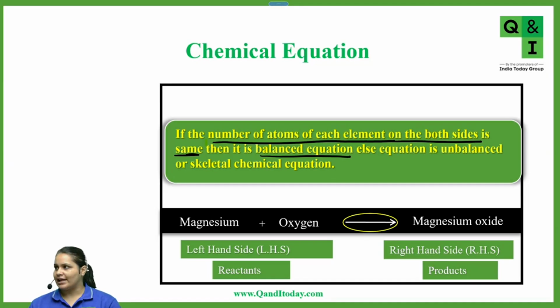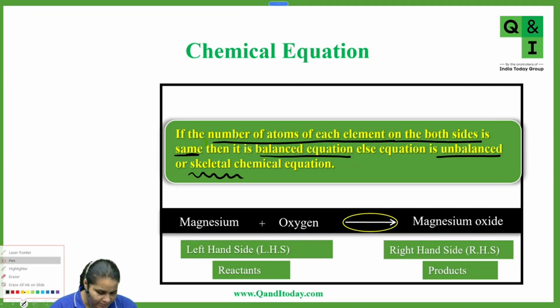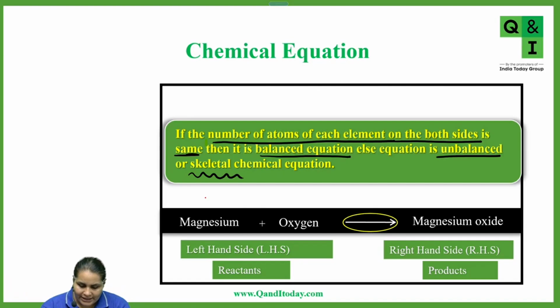If the number of atoms for each element is not the same on both sides, we call it an unbalanced or skeletal chemical equation. So do remember what is a skeletal chemical equation? That's an unbalanced equation. So for example, like here, magnesium reacts with oxygen to yield magnesium oxide.